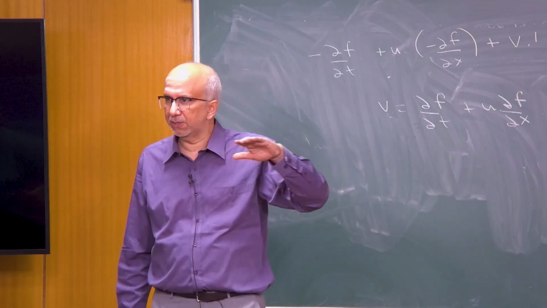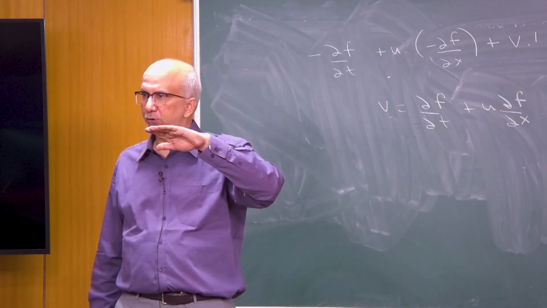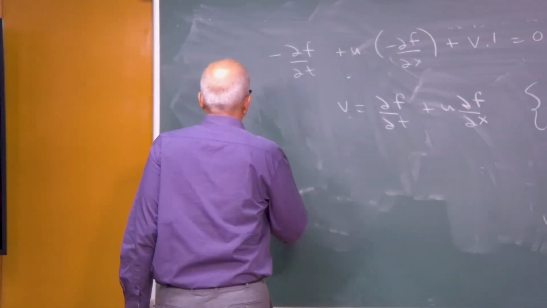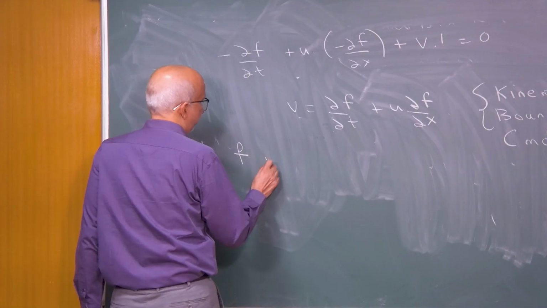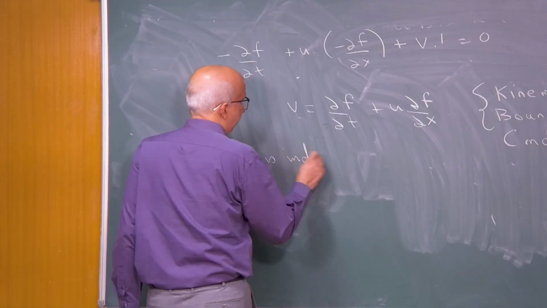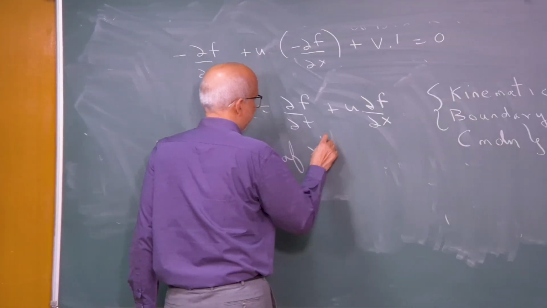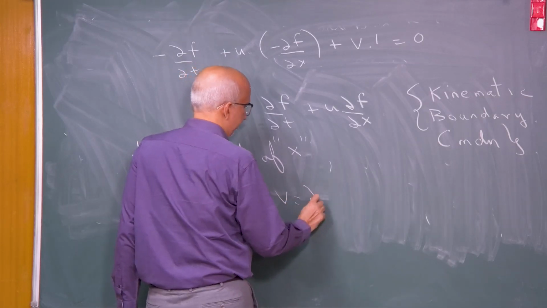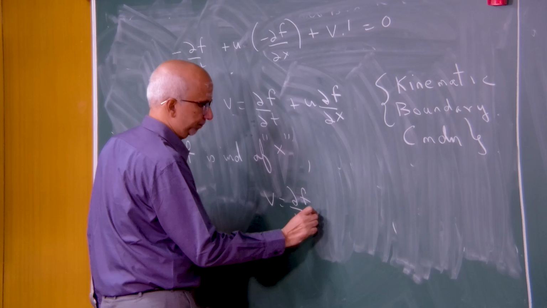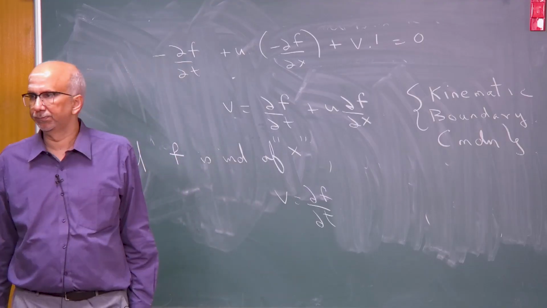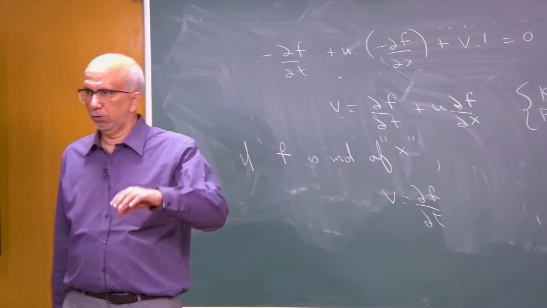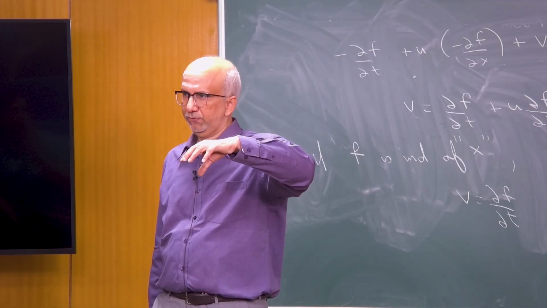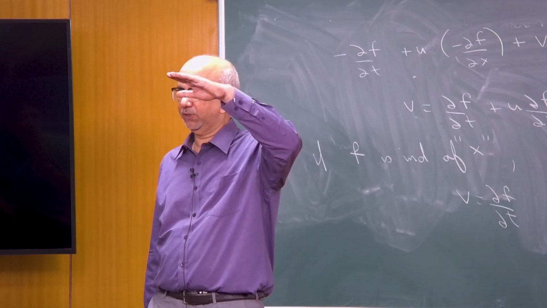Supposing you have a system where small f does not change with x, if small f is independent of x, v equals df by dt. So, you know, you have a bucket, you are filling it with water, the level in the bucket goes up.